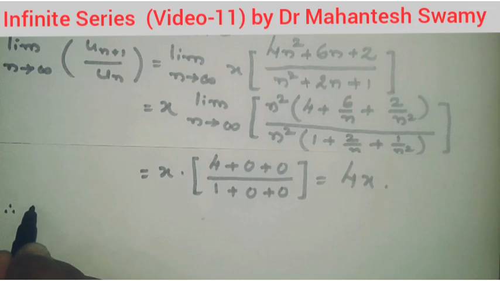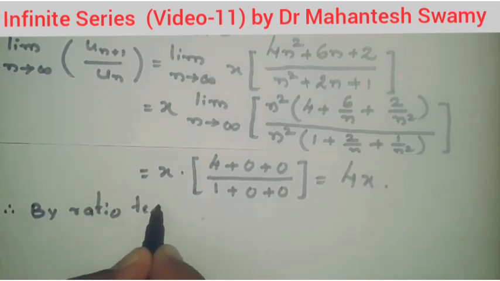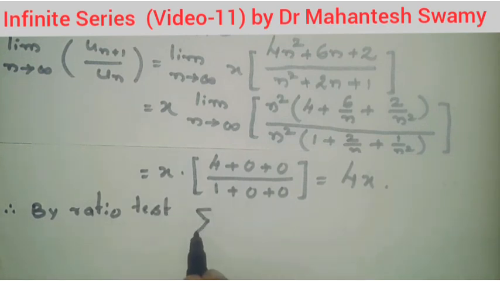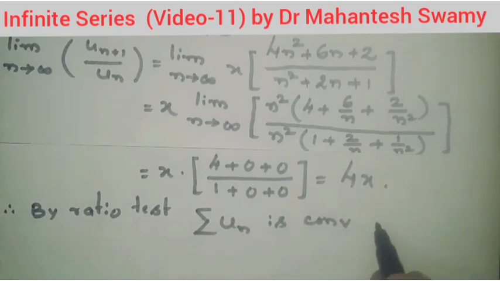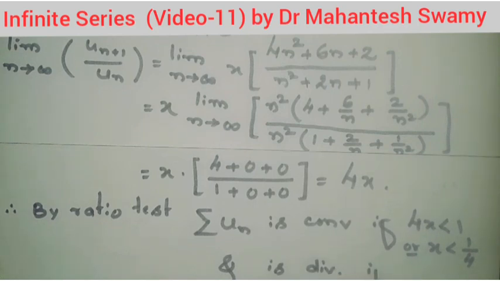Therefore by the ratio test, the given series summation u(n) is convergent if 4x is less than 1, or 4x less than 1 means x less than 1 by 4, and is divergent if 4x is greater than 1.